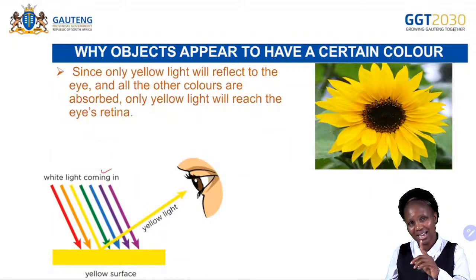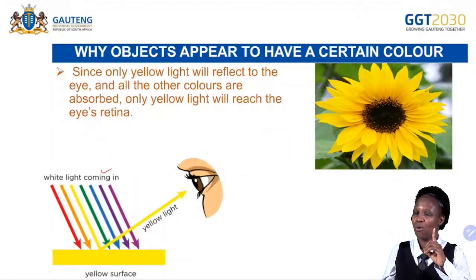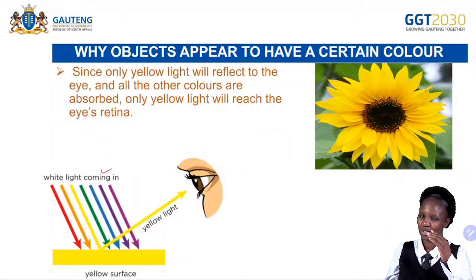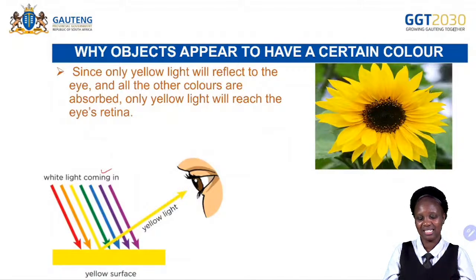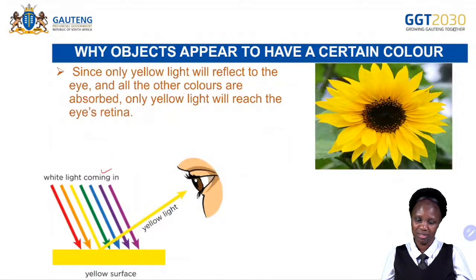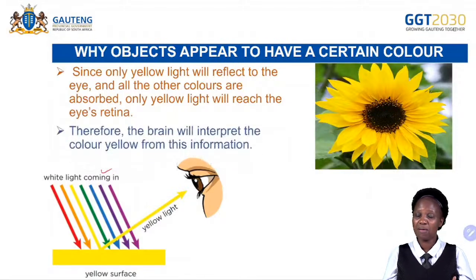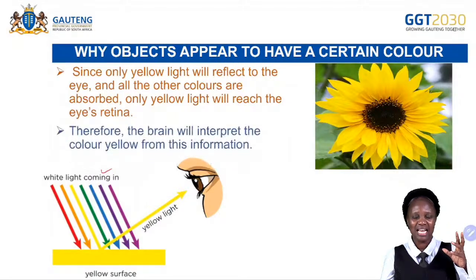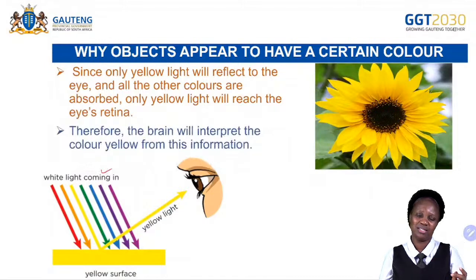And we only see color when the reflective light enters our eye. In this case, it is yellow. Only yellow is reflected, and the other colors of the visible spectrum are absorbed. Therefore, the brain is going to interpret the color yellow from this information.